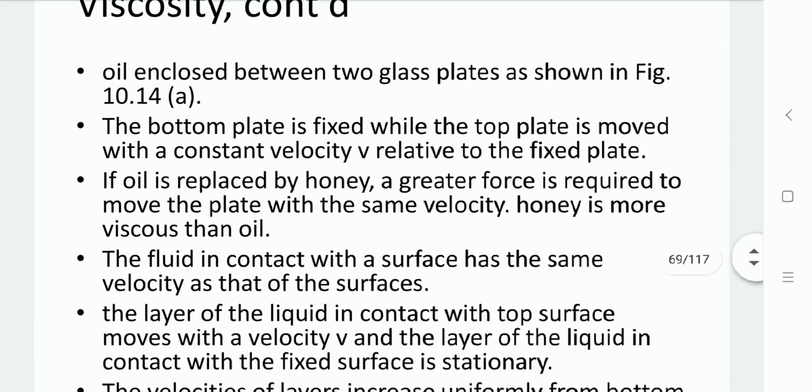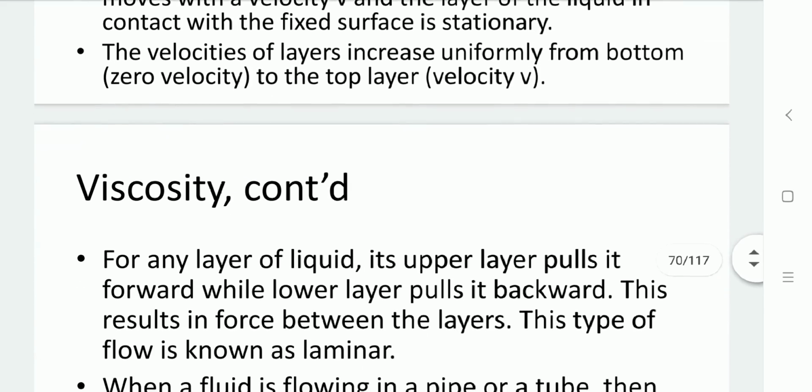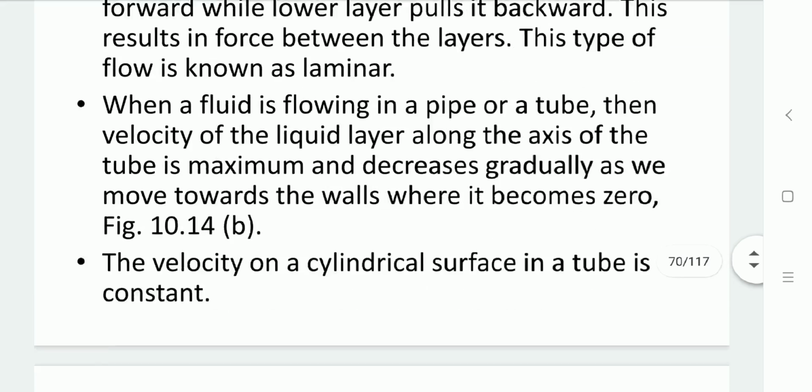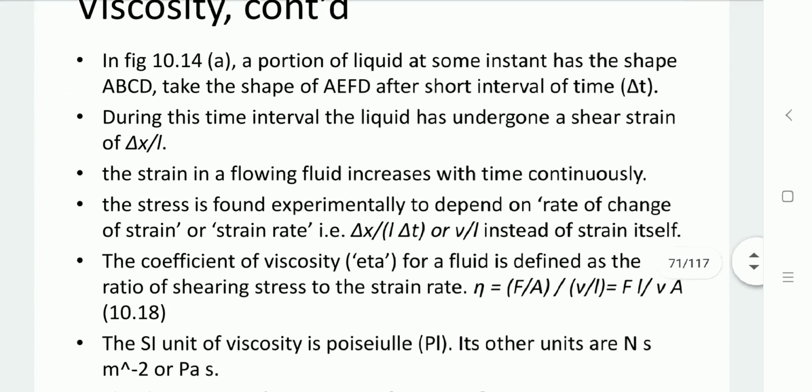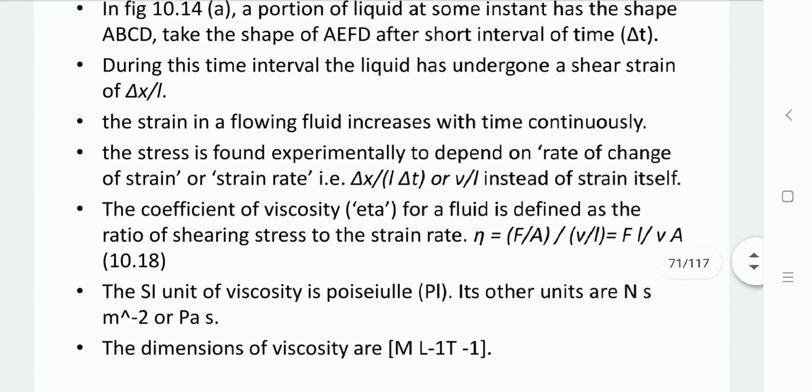So here the stress is found experimentally, which depends on the rate of change of strain, or strain rate, that is delta X by L into delta T, that is V by L, because distance per time is velocity.